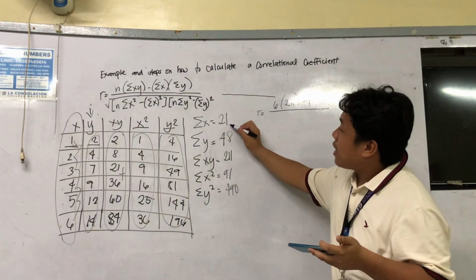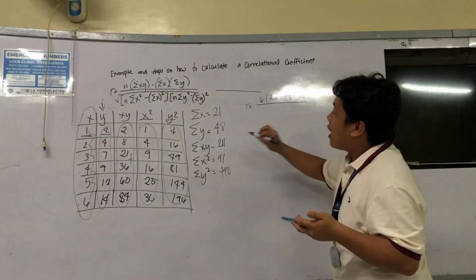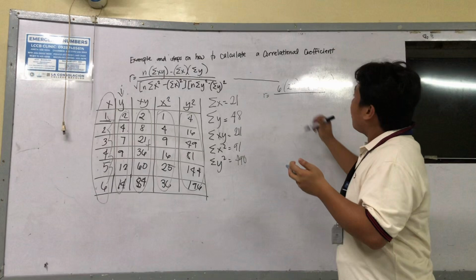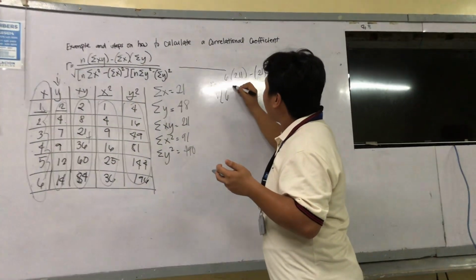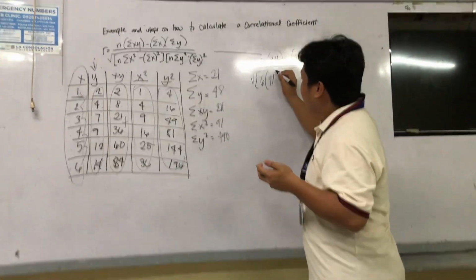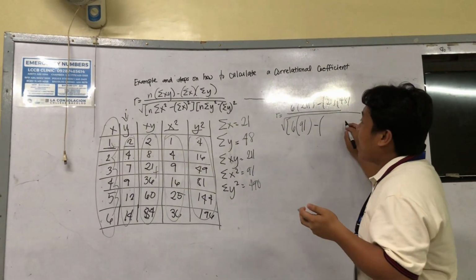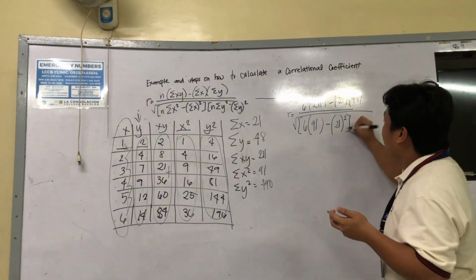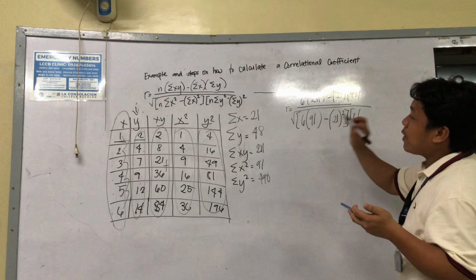And you copy the sigma x, which is 21, and then you need to put the y. The next thing is, you put in 6. Your sigma x squared is 91. And then you put in here sigma x, which is 21, squared. You don't forget the square. You need to put 6 here. And you put the y, sigma y is 48.